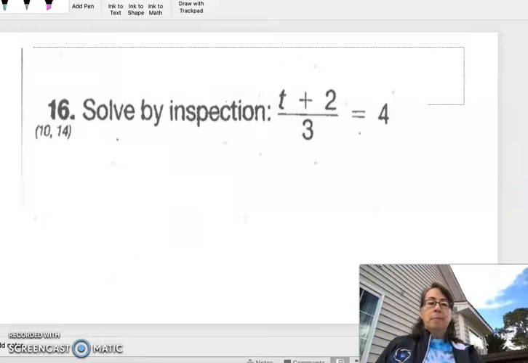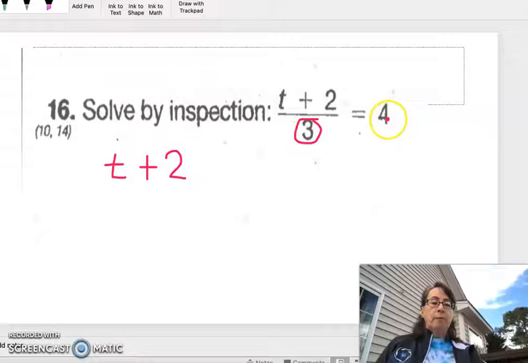Okay, number 16, solve by inspection. Okay, so t plus 2, all over 3. Now, I'm just going to multiply both sides by 3. Remember, I can multiply or divide both sides by any same number.